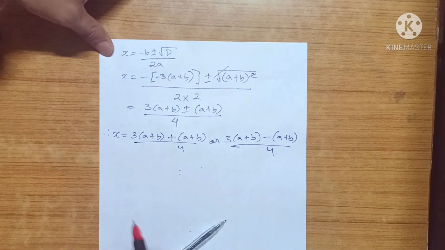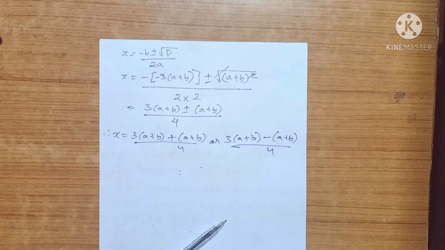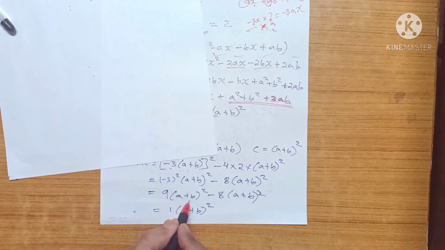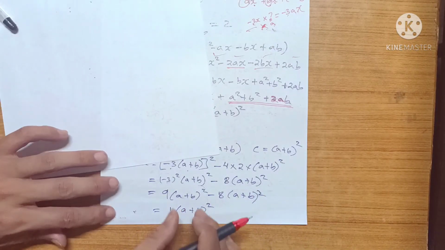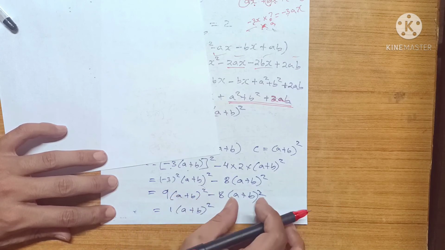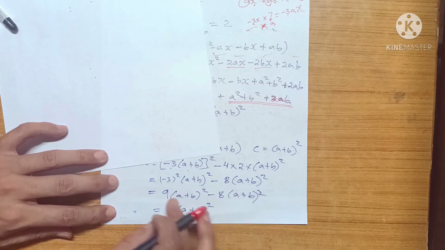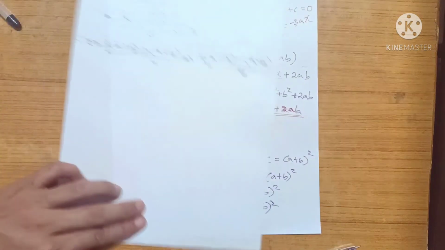So what you will notice is that it's similar to what we just learned. Again, I told you to imagine this thing as x, right? Because a plus b the whole square and a plus b the whole square are the same and the numbers are different, so we were able to subtract 9 minus 8, 1.